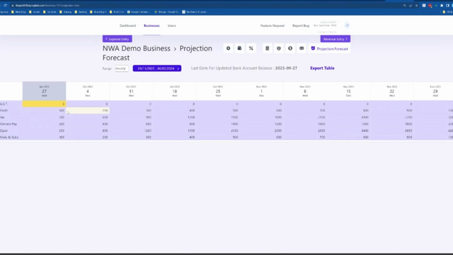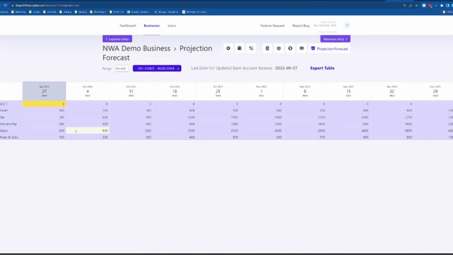So today we've got $100 in the profit bank account, $300 in tax, $200 in owner's pay, $350 in OPEX, and $100 in materials. So in materials, I haven't actually put in there that we're paying anyone. So this amount just keeps going up and up and up. The owner's pay account, we're putting $1,000 a week in, but I'm saying that we're taking out $800. So you can see this balance goes up and up and up and up.